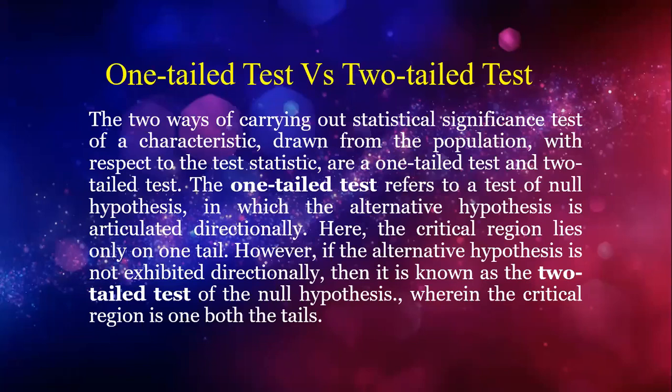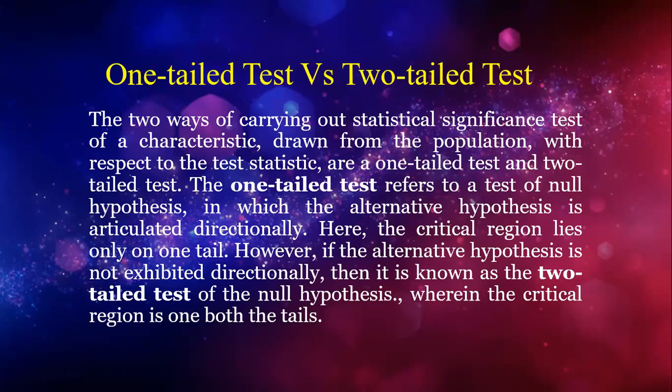In hypothesis testing, we come across the concept called one-tailed test and two-tailed test. What do we mean by one-tailed test and two-tailed test? You can easily identify this by looking at the hypothesis itself. If you read the hypothesis, you can say whether it is a one-tailed test or a two-tailed test.